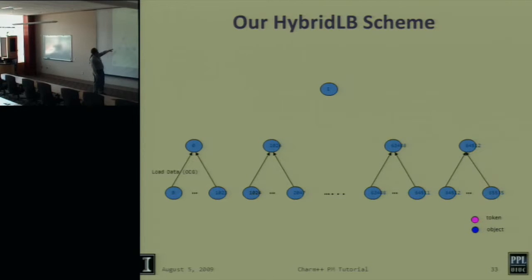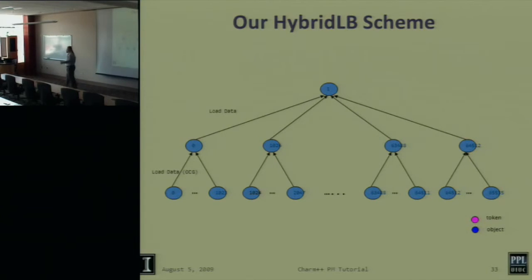Sadly, the labeling is not as clear here as it could be. But the idea is to have between 0 and 1K, and then these 1K block choices of objects, and we can take a balancing choice within those regions, and then pass up information about the region to the level above, and to the level above that. When an imbalance is found between this region and the next region, we can exchange a token and have those regions exchange work.